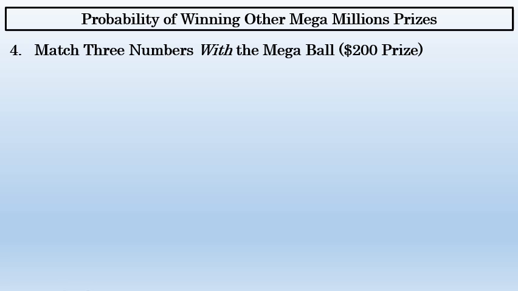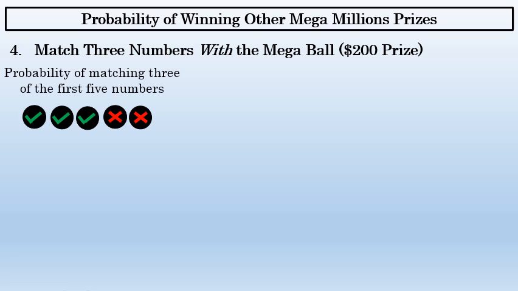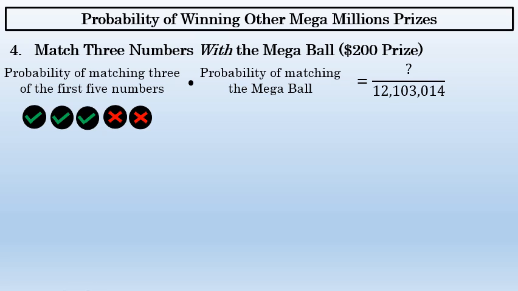The next highest prize, $200, is won by matching 3 numbers with the mega ball. Similar to what we've done when calculating the probability of winning the other prizes, we're going to do a multiplication. First, we'll multiply the probability of matching exactly 3 of the first 5 numbers times the probability of matching the mega ball.